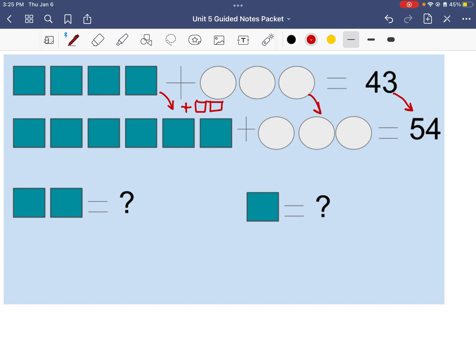You can think about how you get from here to here also, but that's plus 0, and we don't usually write plus zeros in math. They're not usually super helpful. So 43 to 54 would be adding 11. That tells us that the 2 squares need to equal 11. Well, if 2 squares equal 11, what does that mean about what 1 square equals? Hopefully you were able to get that. It would be half of it, which is 5.5.